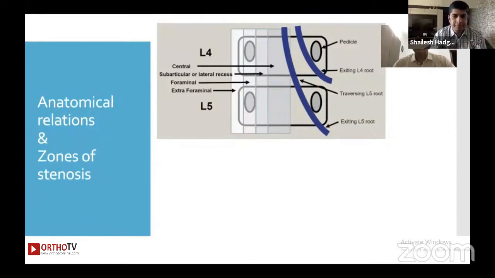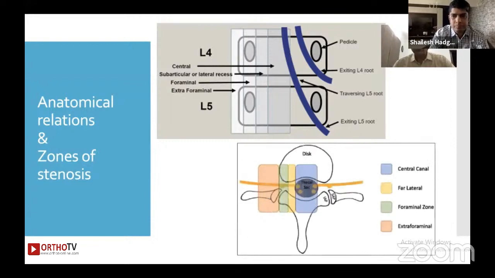Whereas the one that exits at the same level, that is the L4 nerve root, would be the exiting nerve root. As the L5 goes below, from the traversing root, it becomes the exiting root at the L5 level as well.